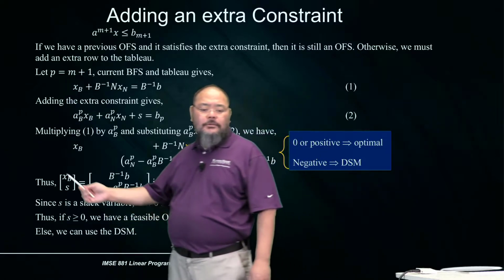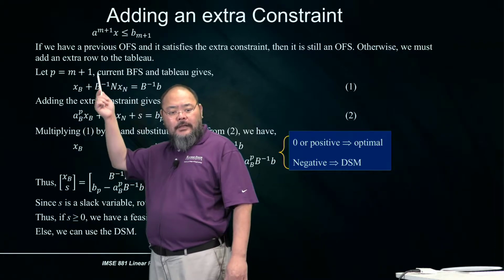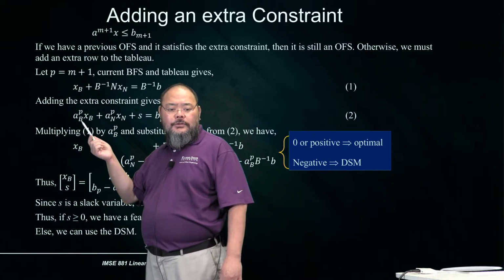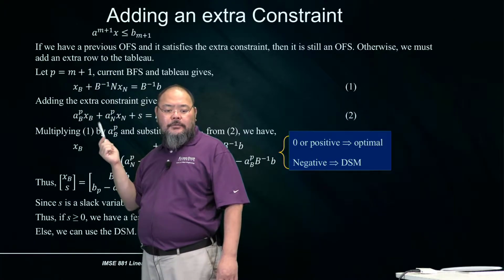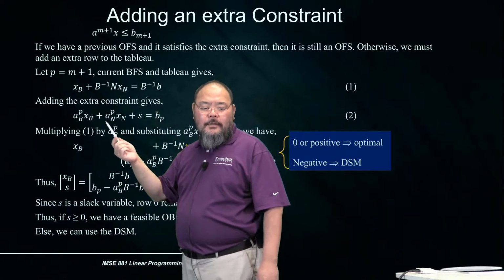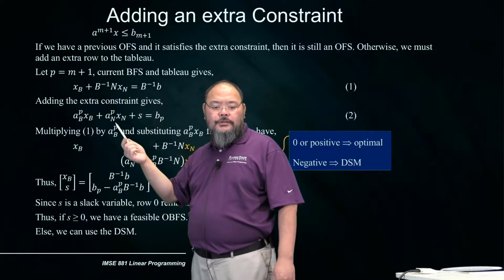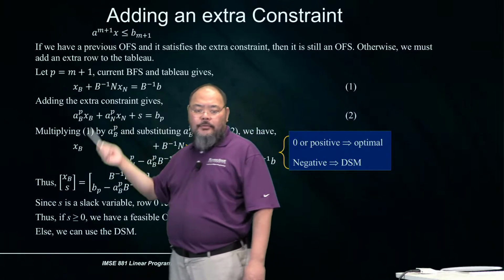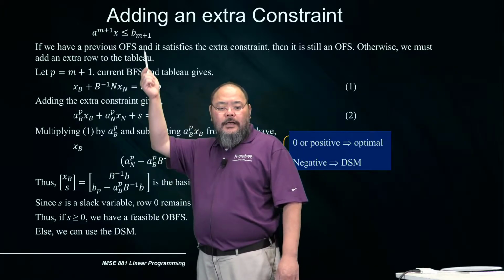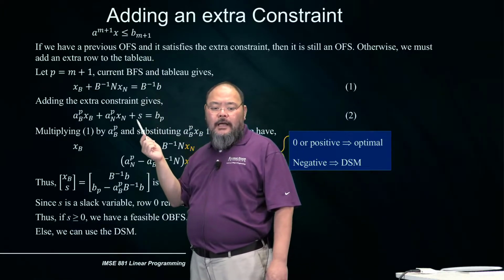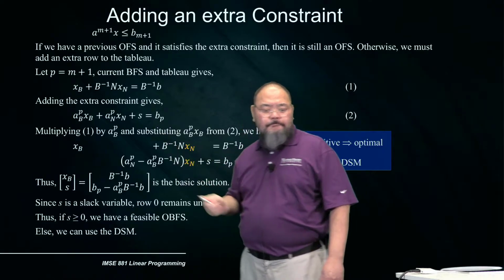Also, adding the extra constraint, a row p, where p is n plus 1 at this point, using the portion of the original row n plus 1 times xB, the corresponding xB, and a p N times xN. It is just that particular row I separate or reorganize into xB and xN, plus, since this is a less-than-or-equal constraint, a slack variable, and this is the new right-hand side, b p.